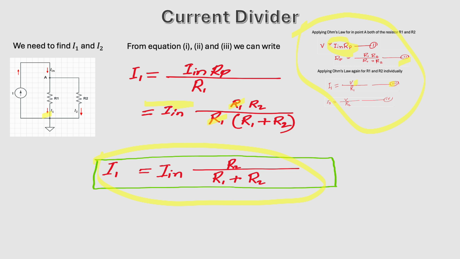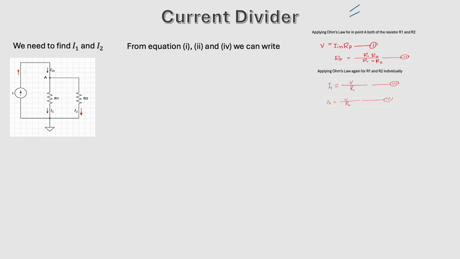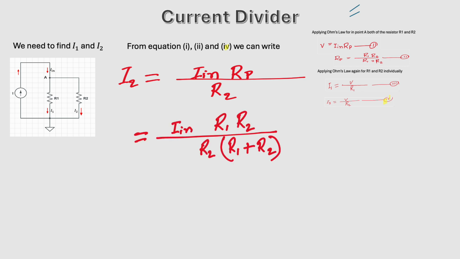In the same way, from equations 1, 2 and equation 4, we can write I2 is equal to I in times Rp divided by R2. We just replace the value for V, and if we put in the value for Rp, we get this line here, which is I2 is equal to I in times R1 R2 divided by R2 times R1 plus R2.